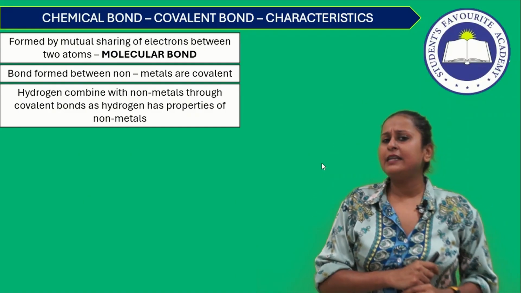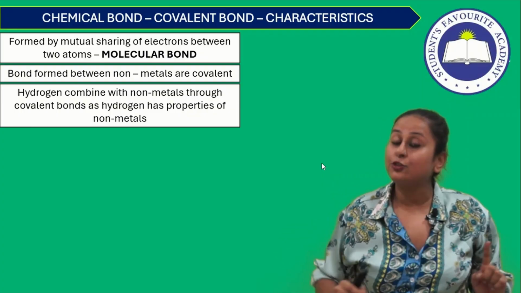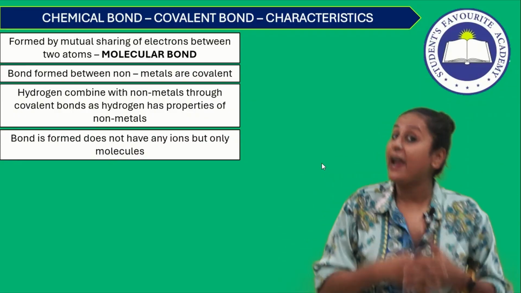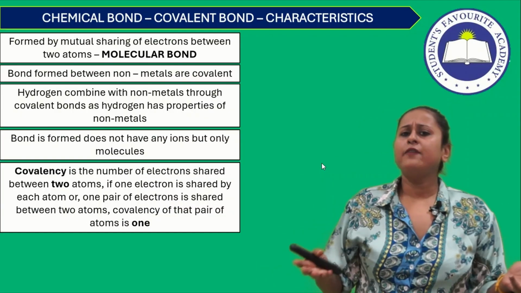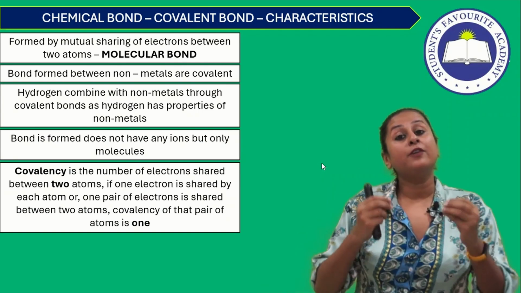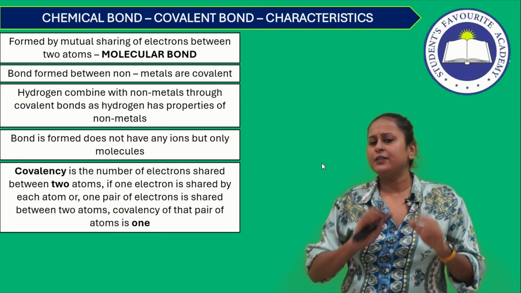Alright. Covalency. What was electrovalency? Electrovalency was the number of electrons that were exchanged to form a bond. Covalency is the number of electrons that are shared to form a bond. Or we can say covalency is the number of electron pairs which are shared. So what is the difference between them?